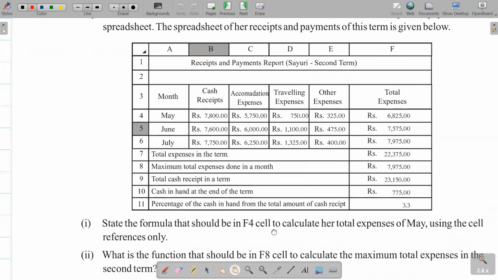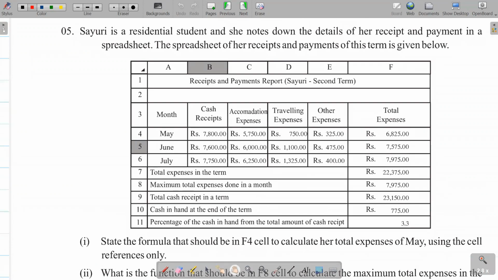So they have the cash receipts somewhere over here. These are the income of her, right? And the expenditures per month is stated here, and those expenses are added up over here.